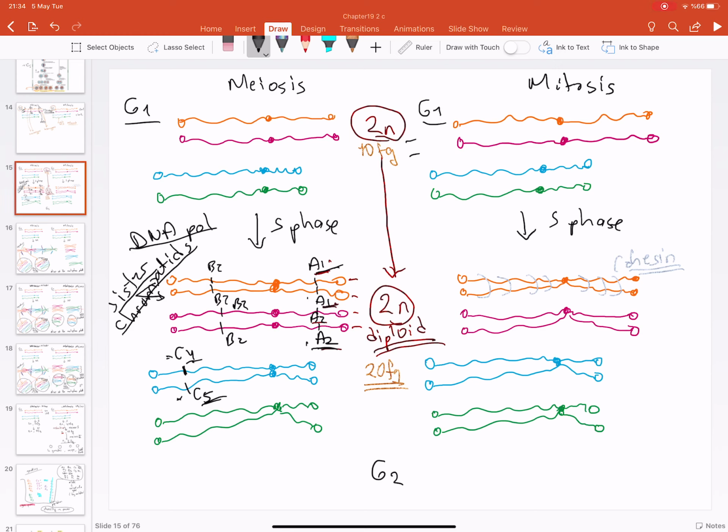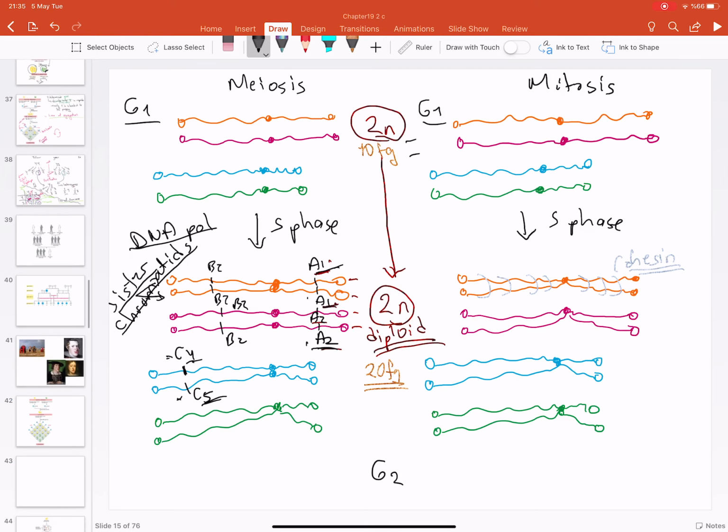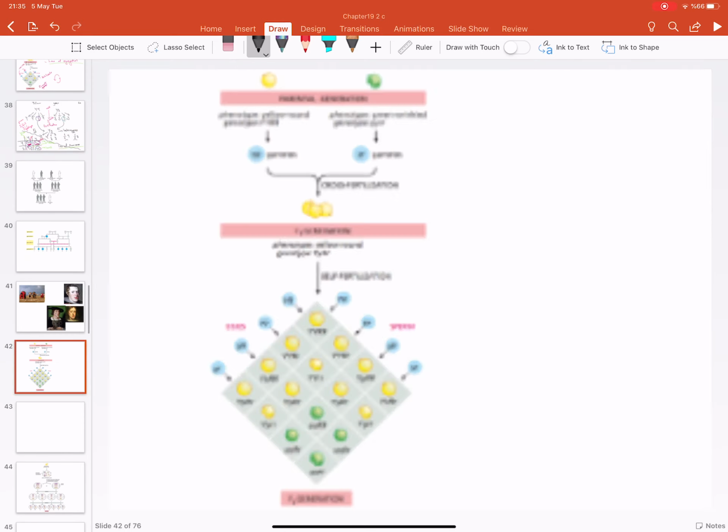This is called the law of independent assortment. Independent assortment will be very useful for us later. I'm not going to go in too much, it's going to take too much time. Let's stop here.